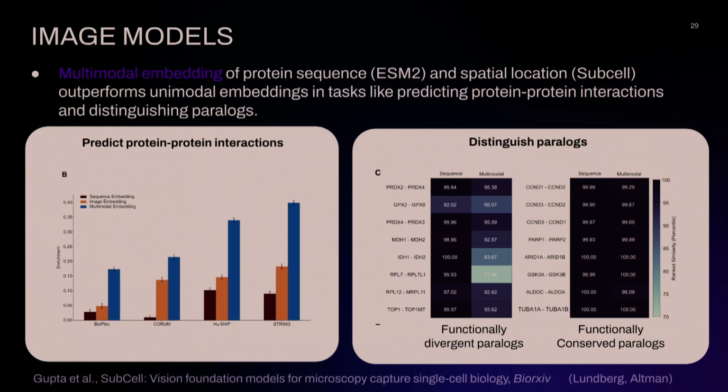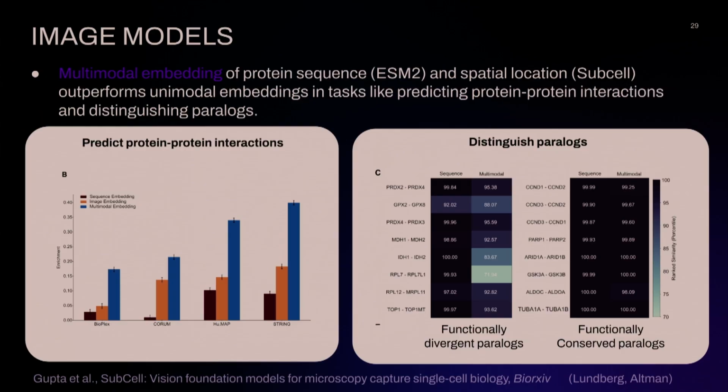So if we look at functionally divergent paralogs, the heat map to the left in the rightmost box there, we can see that ESM, the sequence model, can't distinguish these two paralogs. They are too similar. But when we add the multimodal embedding, so the spatial information about where these proteins would be, we can see that the multimodal embedding can distinguish the two paralogs.